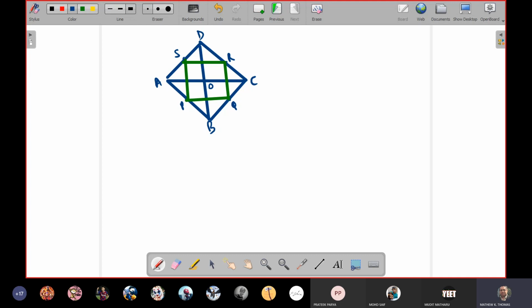So first, in triangle ADC, I'm going to use the midpoint theorem. In triangle ADC, SR will be parallel to AC and SR will be half of AC. Why am I writing this? I can simply write this is midpoint theorem because S and R are midpoints.